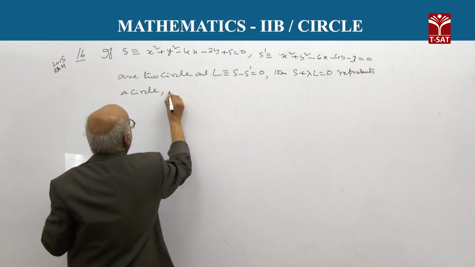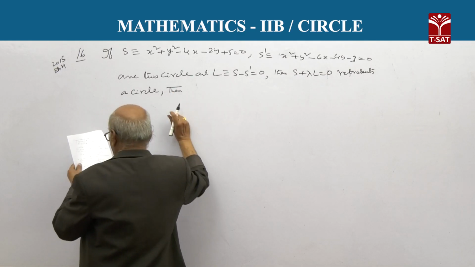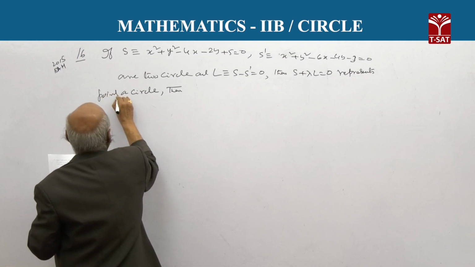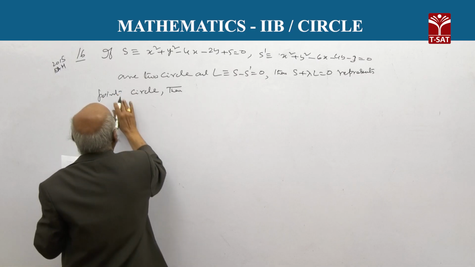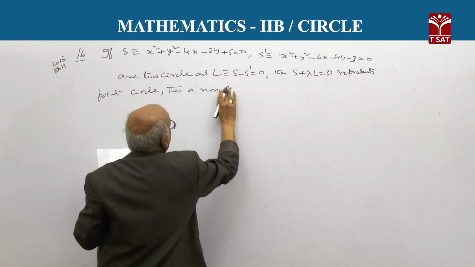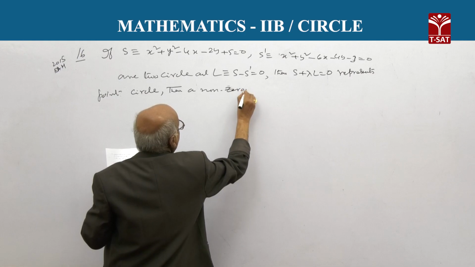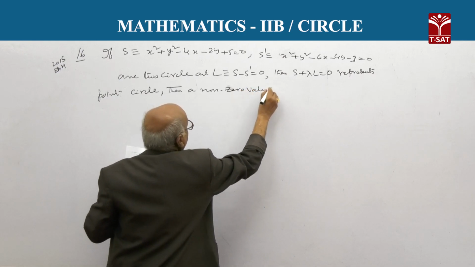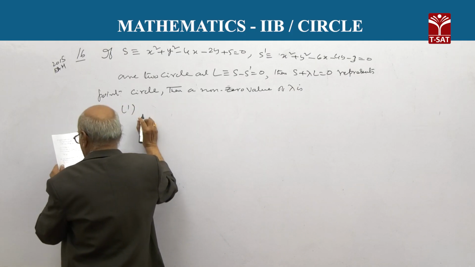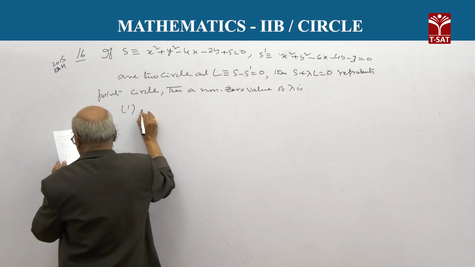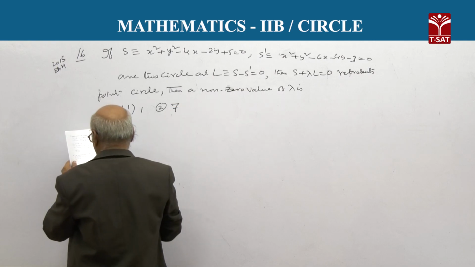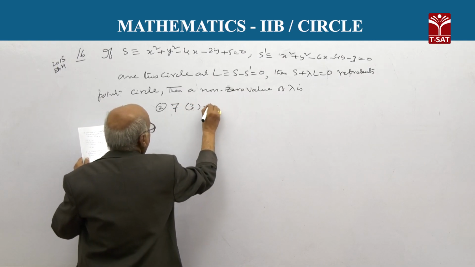If it represents a point circle, then a non-zero value of lambda is: number 1, 0; number 2, 7; number 3, minus 7; number 4, minus 1.